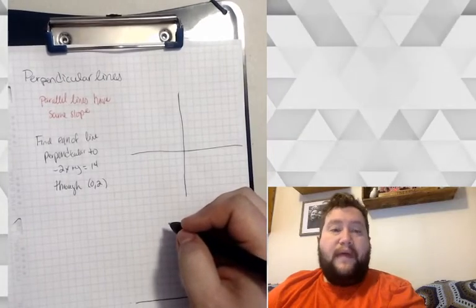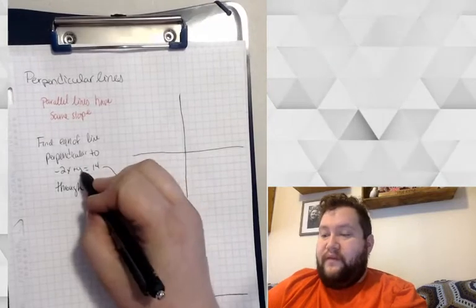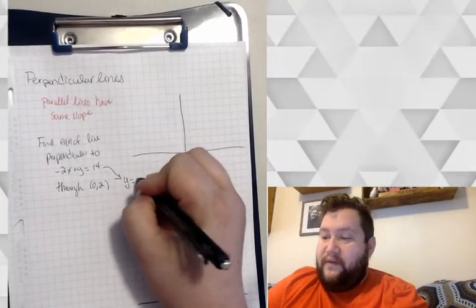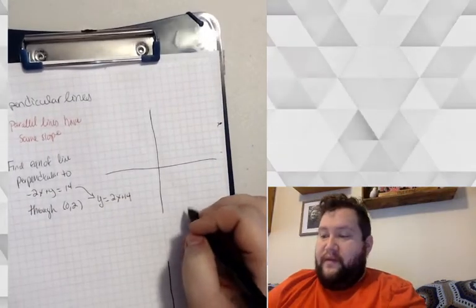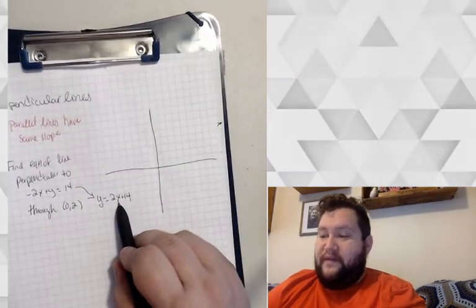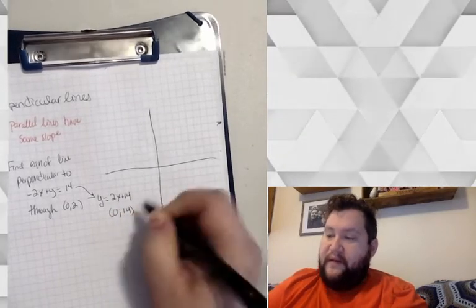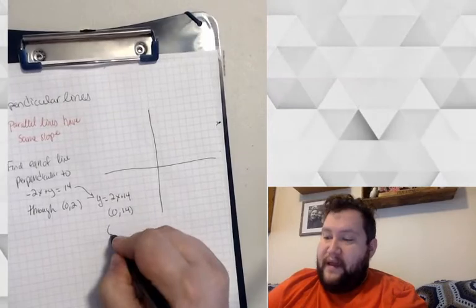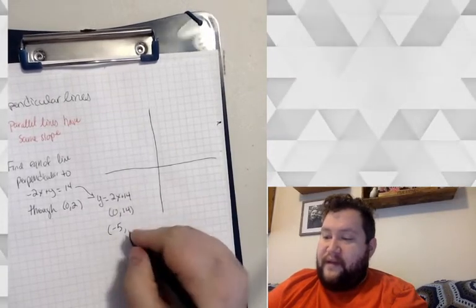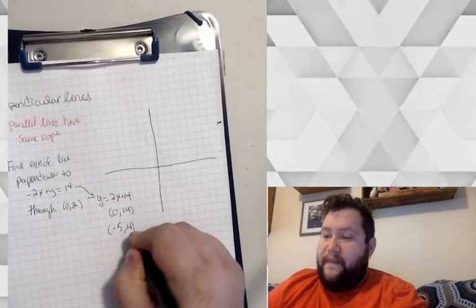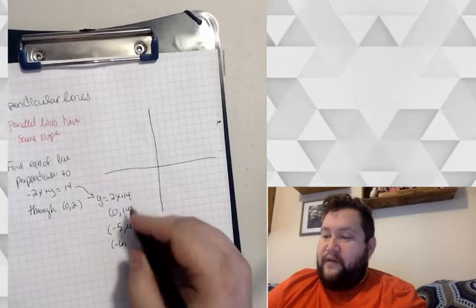Well, first let's go ahead and plot our original. So to get that, we have y equals 2x plus 14, which means when we have x equals 0, y equals 14. Let's go ahead and pick something maybe at like negative 5 when x is negative 5. 2 times negative 5 is negative 10, so we have negative 5, 4. And negative 6 times 2 is negative 12.